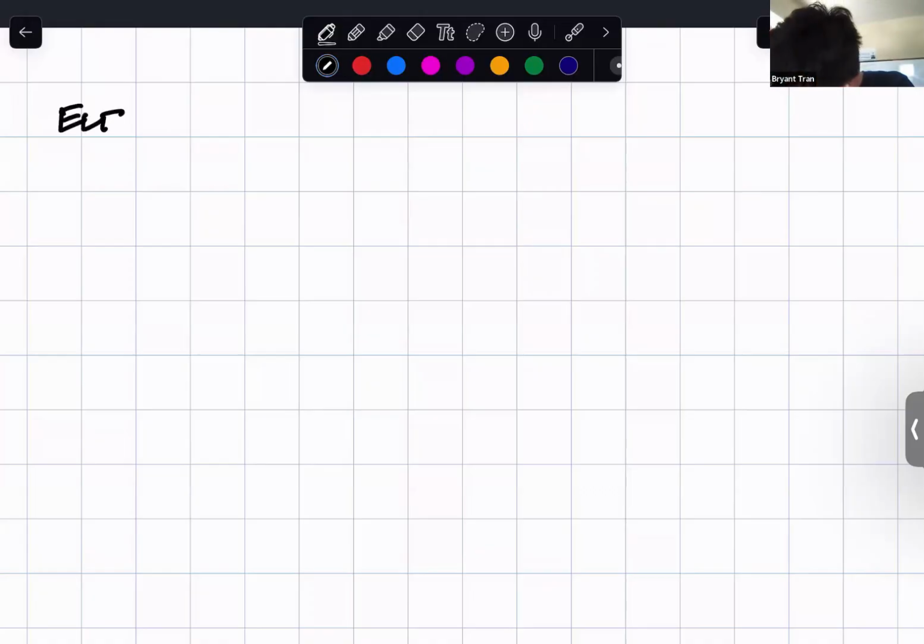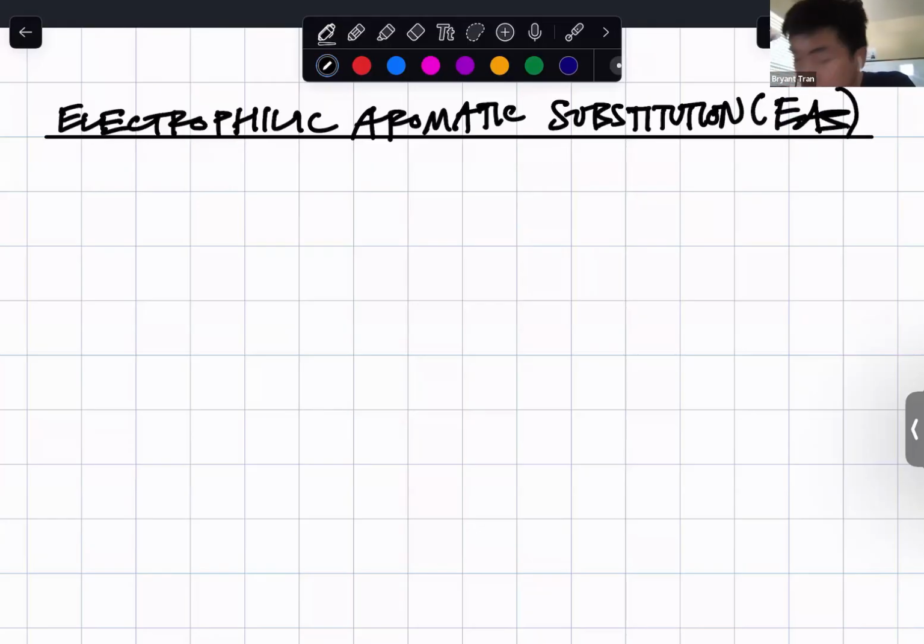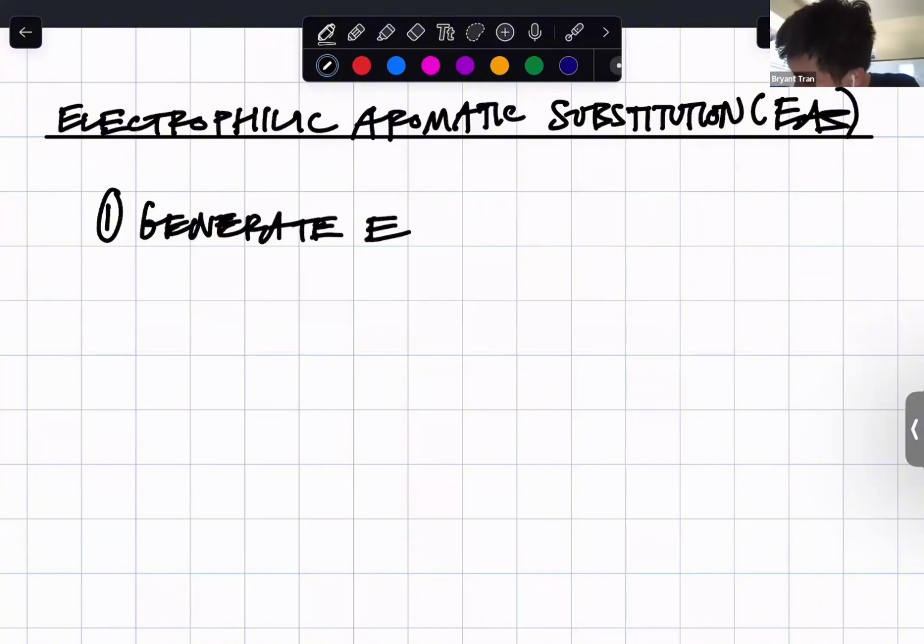Okay, so electrophilic aromatic substitution, abbreviated as EAS, is a mechanism that has five reactions that you'll be learning about, but the general mechanism will have three steps. The first step is to generate the electrophile.